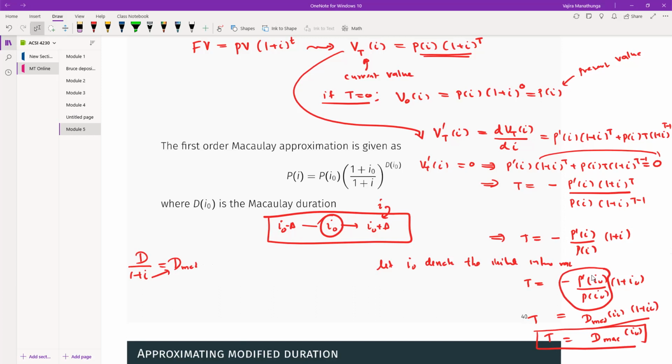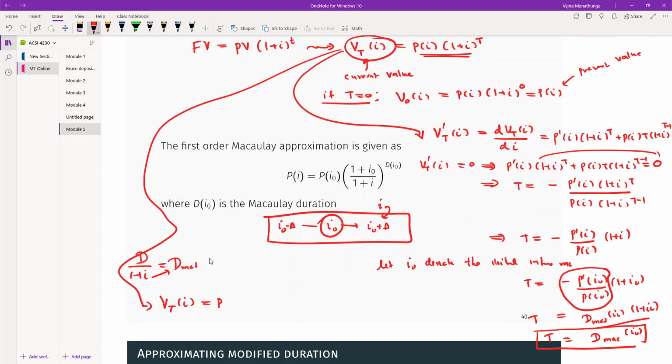Now I'm going to come back and expand the function of I using a Taylor series. So I can write V_t(i) is basically P(i) times 1 plus I times I naught.